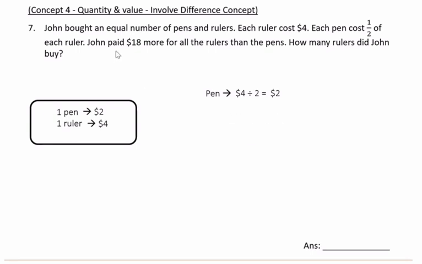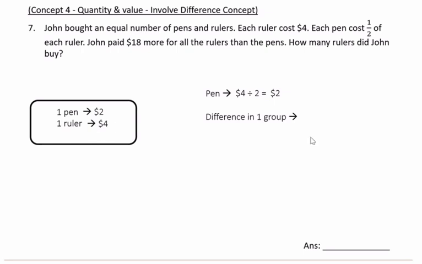Okay, but then if you look at this, you can see that there's a difference in the price of a pen and a ruler. It says John paid $18 more for all the rulers than the pens. So you already know that a ruler costs more than a pen. So we need to find out how much more a ruler costs than a pen.